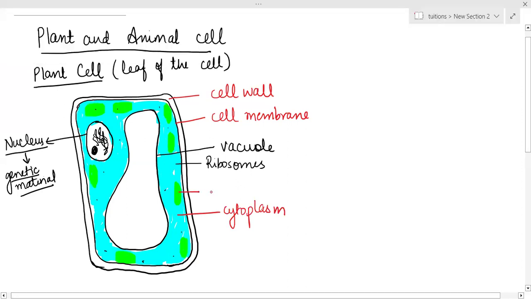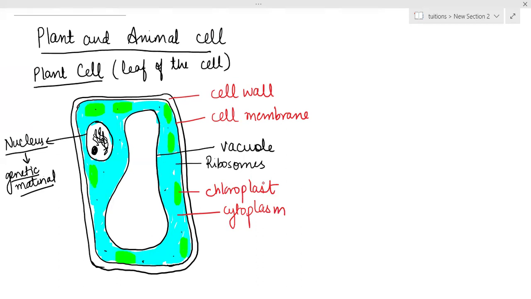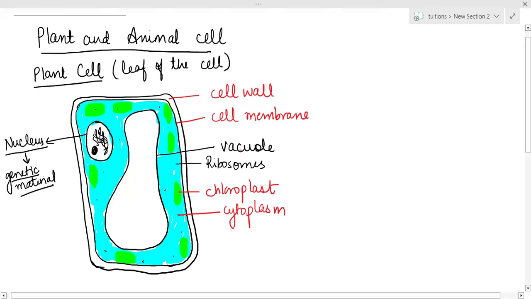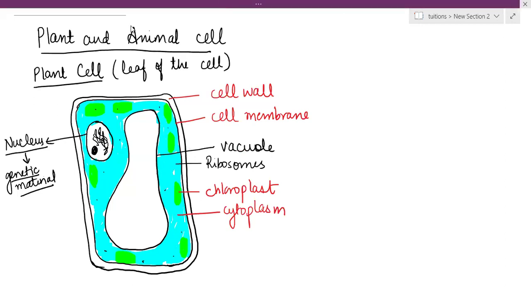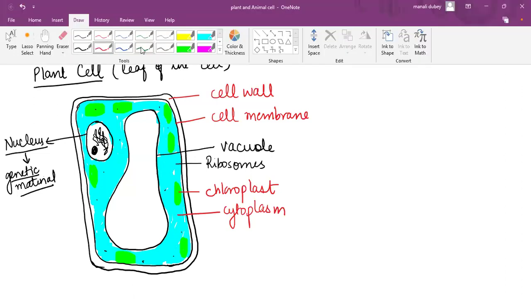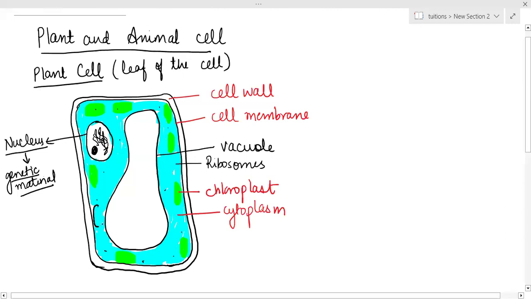These green colored organelles are known as chloroplast. And then we have another very amazing kind of organelle that we'll be discussing.